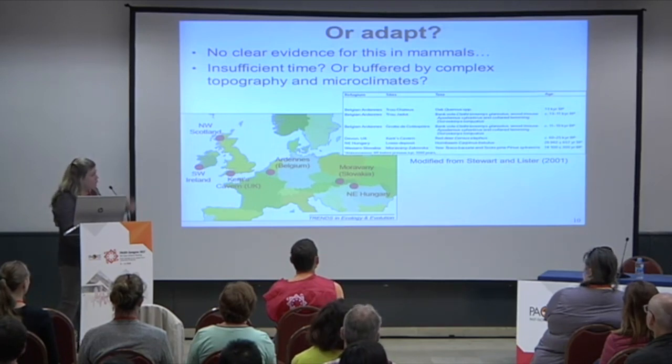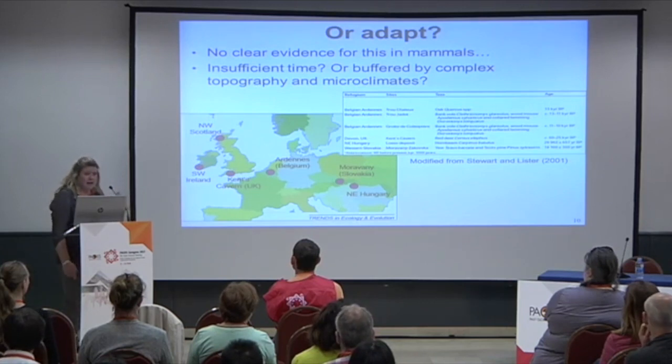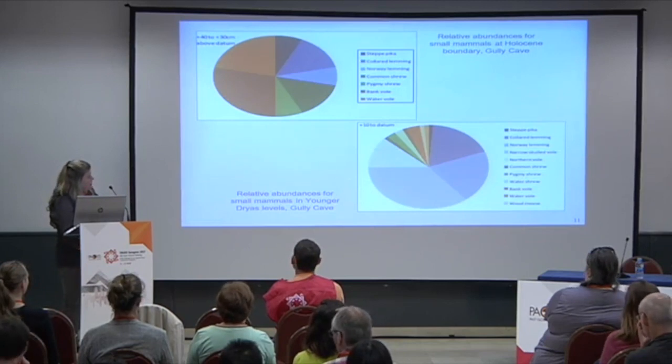And this draws back on some of the previous work that's been done by John Stewart and Adrian Lister a number of years ago, which make the point that actually the need to adapt is offset by the fact that these act as refugial areas. And you can see, in fact, if we look at the Younger Dryas levels in Gully Cave, this is just a 10 centimetre spit.